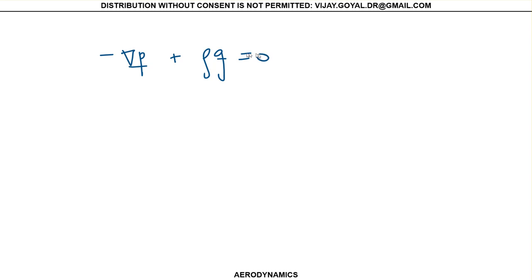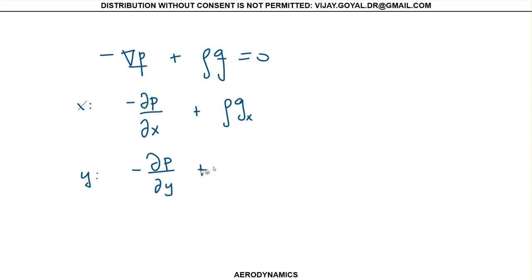And let me just show you different variations of these equations. That's probably a lot easier to break it down. So this is a vectorial notation. But I could break this down in the x direction, and it will look something like this: minus partial of p with respect to x plus rho g in x. And in the y direction is minus partial of p with respect to y plus rho g in y, equal to 0.